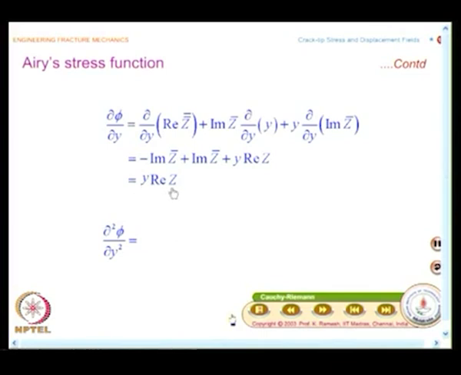So I have y real part of z. You should use the chain rule while doing this. That is what is depicted carefully in the slide. So I have this as real part of z dou by dou y of y plus y into dou by dou y of real part of z. Using Cauchy-Riemann conditions you can write, this turns out to be real part of z minus y imaginary part of z prime.